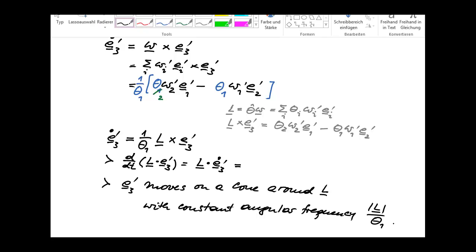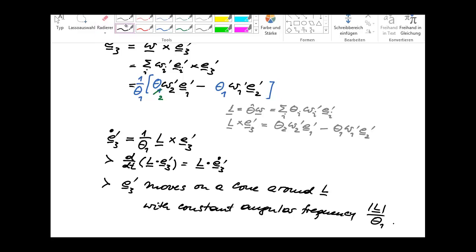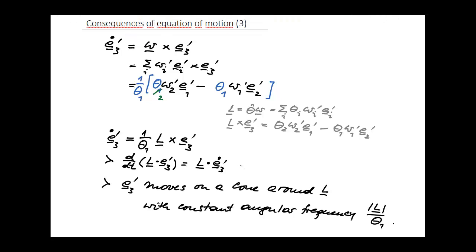For this, we use the result that we just obtained. That's proportional to L vector product with e3 prime. Again, that's a triple scalar product. Two of the three vectors are identical, and therefore the triple scalar product vanishes. So the projection of e3 prime onto this axis spanned by angular momentum is constant.